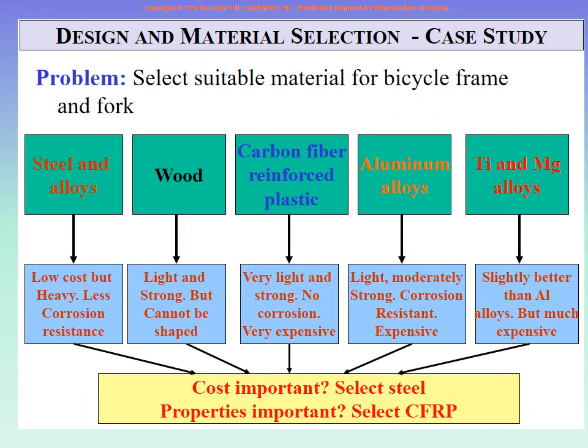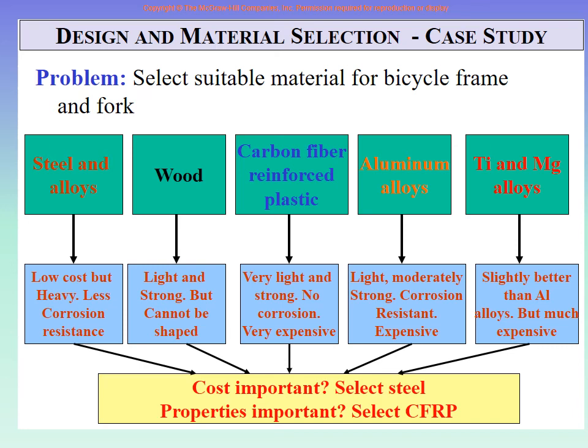And this is the same old slide from chapter 1. If you select steels and steel alloys, they will be low cost but heavy. Corrosion resistance will not be high because they corrode. If you take wood, it will be light and strong, but it cannot be easily shaped into all the shapes. If you take carbon fiber reinforced plastic, it will be very light and strong. There will be no corrosion, but it will be very expensive.